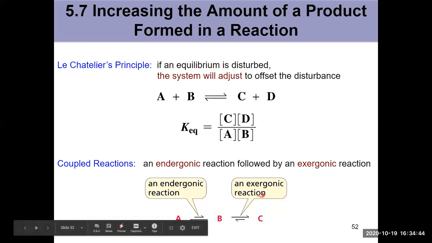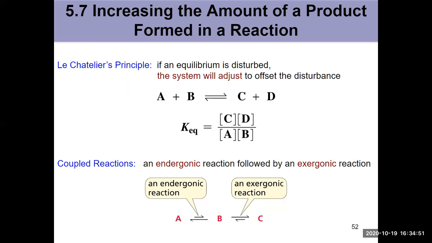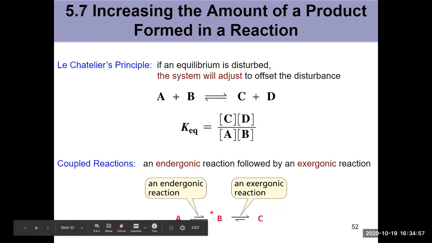But if this is a largely exergonic reaction, it lies far to the right. If that reaction to make C is pulling B out immediately and driving that concentration down, it's going to force this reaction to shift right to make up for it and eventually drive A to B to C. And that's how your metabolism gets over those necessary energy barriers.